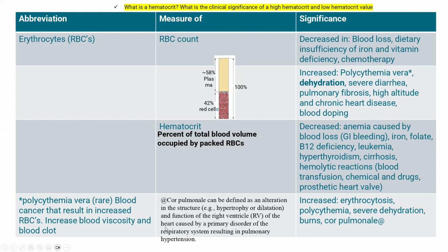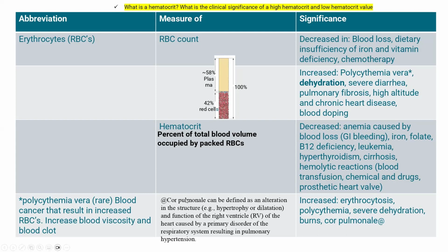We know that the right side of the heart works at a lower pressure than the left side. So if you see an increase in the pressure within the right side of the heart, mainly the right ventricle and the pulmonary artery, this case is called cor pulmonale, and it is due to a disorder in the respiratory system or the lung.